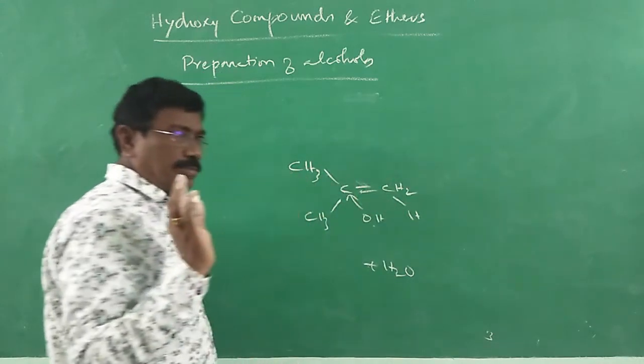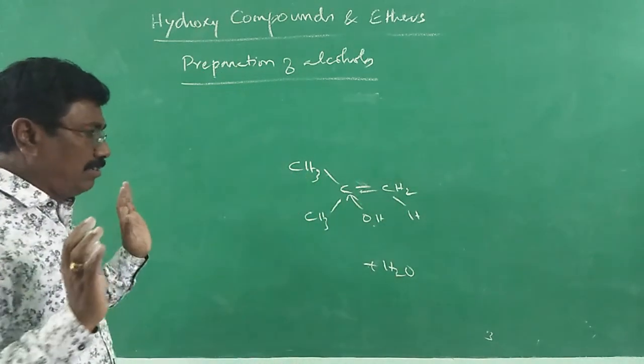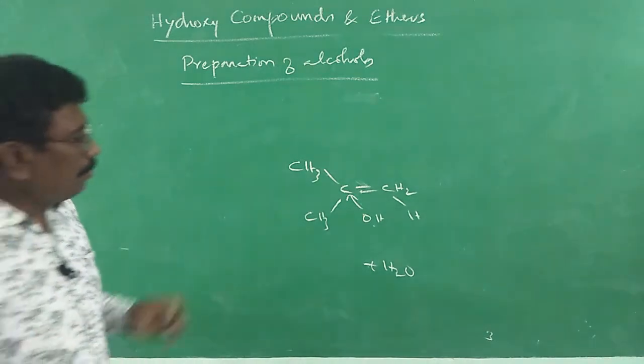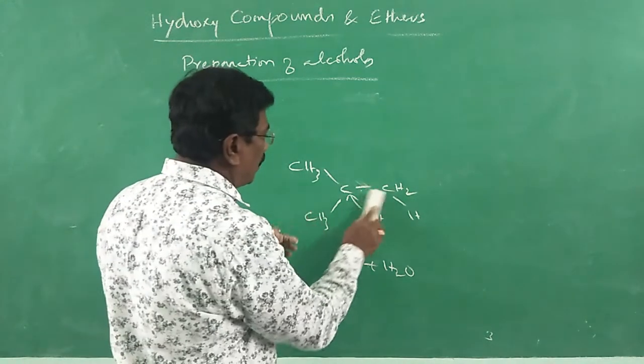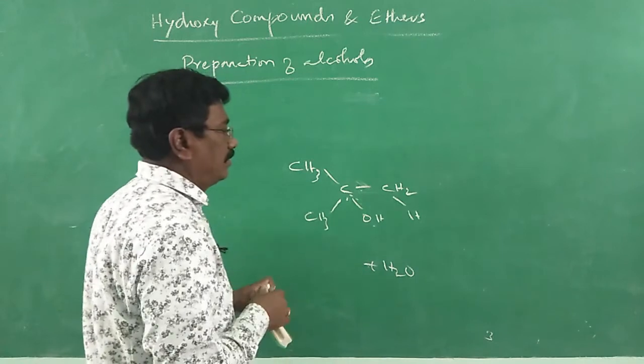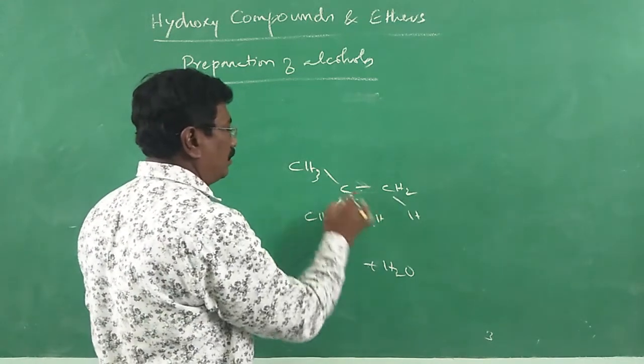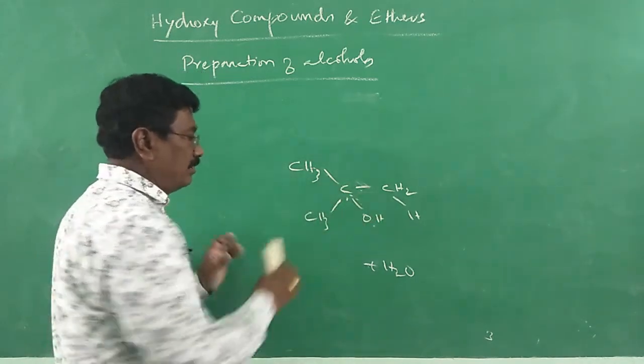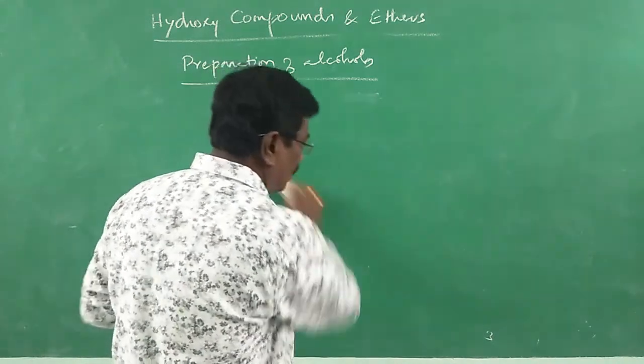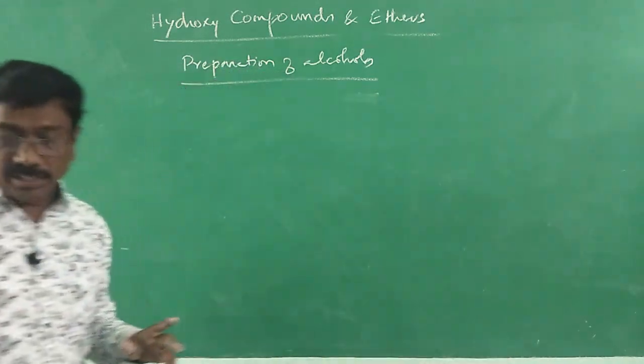That is the concept. You have to understand the concept, that's all. So the double bond will become a single bond, and you get the product like this. CH3, COH, CH3, CH3, a tertiary alcohol. This is how we get the compound. This is how questions will be asked in the examination.